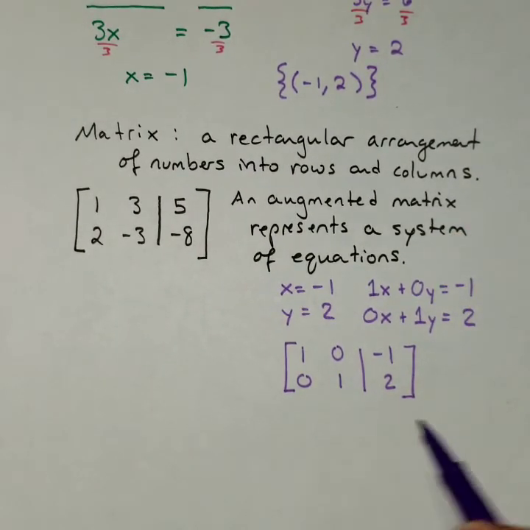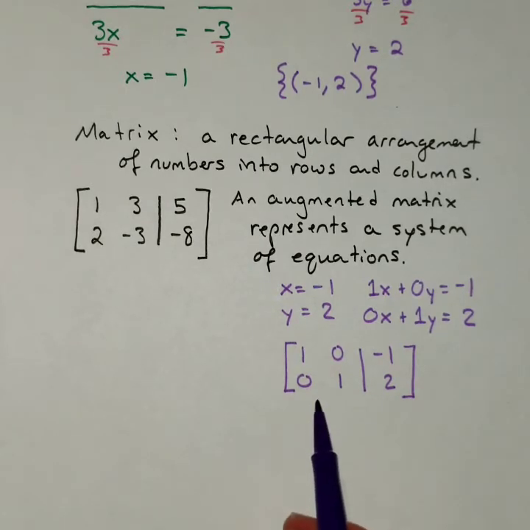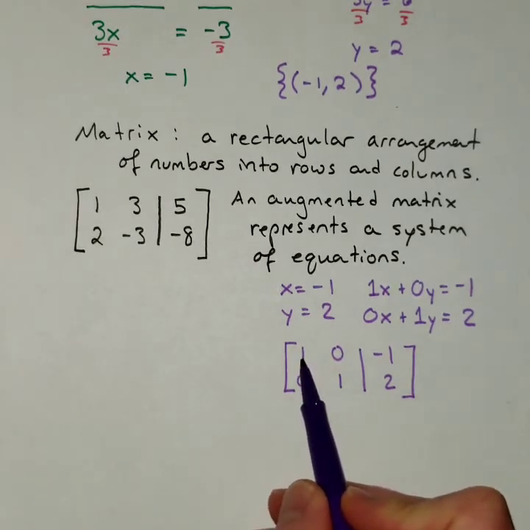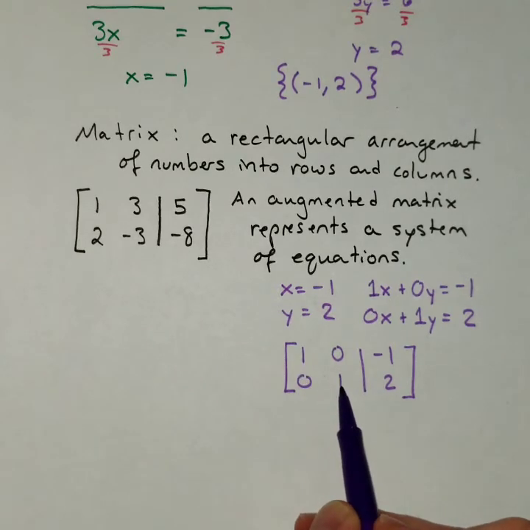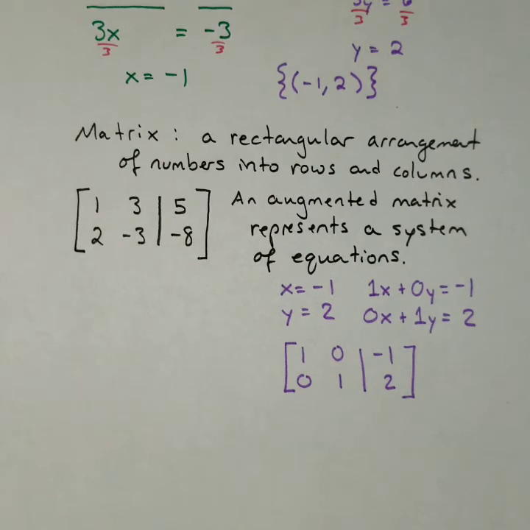And now we have a reduced matrix. What's interesting about the reduced matrix is that there are 1s on the top left, bottom right, and 0s elsewhere. Okay, what we'll find is that a matrix in this form will always have the solution on the right side.